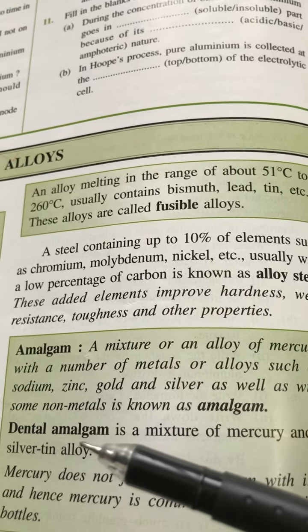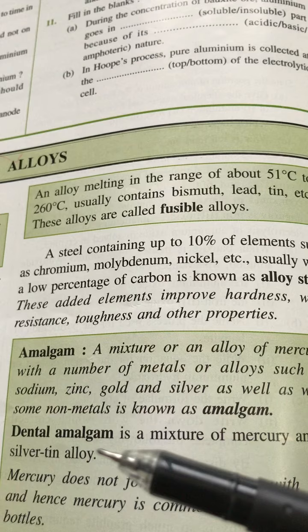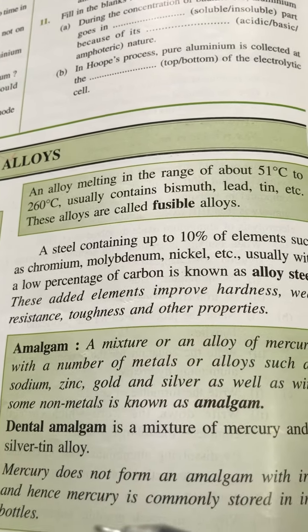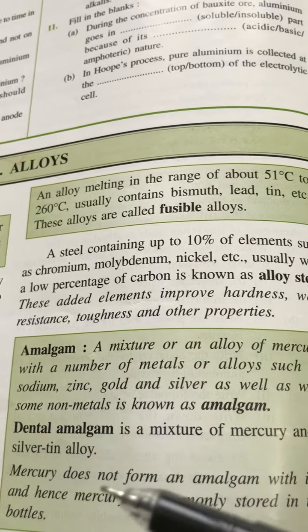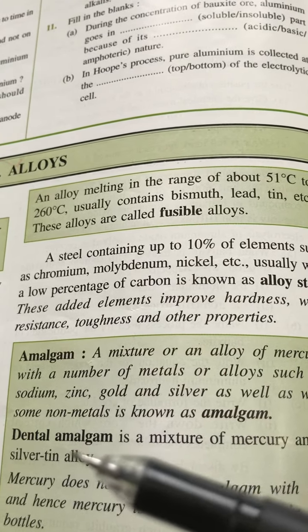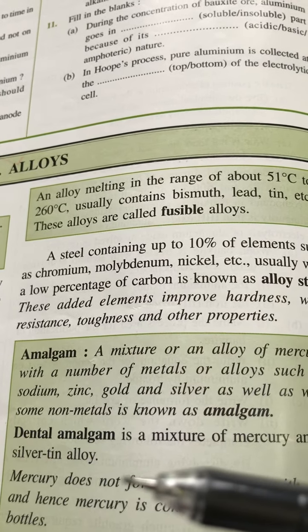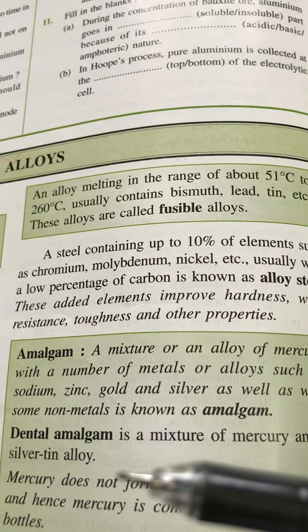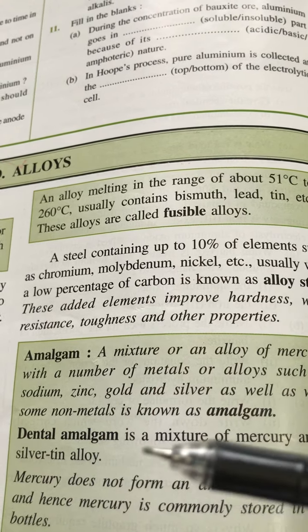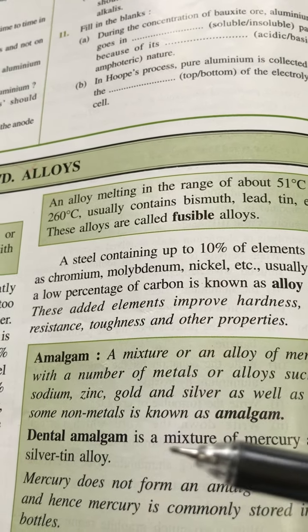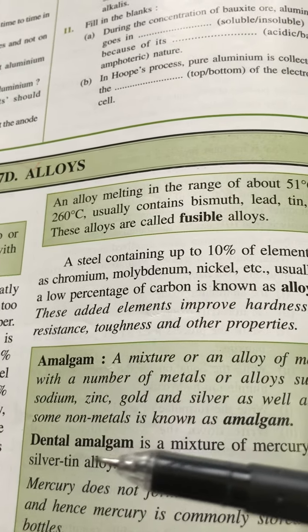To fill the cavities which happen in your teeth, we use an alloy. That alloy we call dental amalgam. You might have seen some people having teeth made of gold, silver or some other mixture. That is not pure gold or pure silver. That is the mixture called dental amalgam.